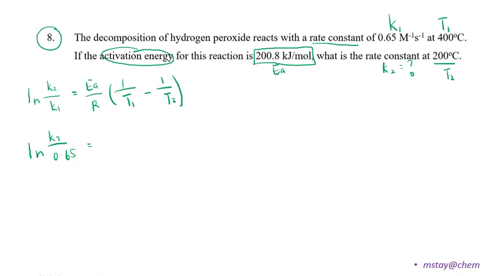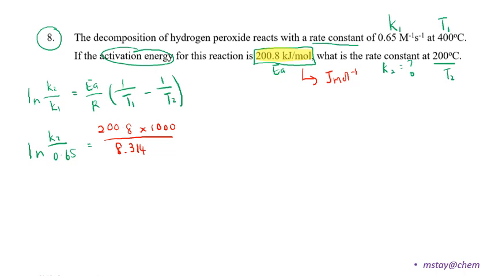If you still remember, we emphasized just now that we have to convert this 200.8 kilojoule per mole into joule per mole. So we use 200.8 multiplied by 1000, then divide by R. The R value that we need to use is 8.314 joule per mole per Kelvin.